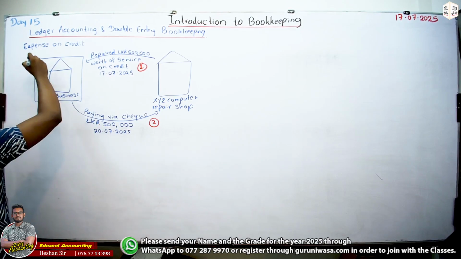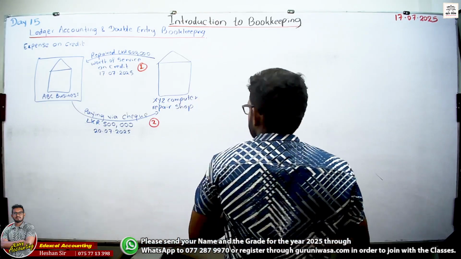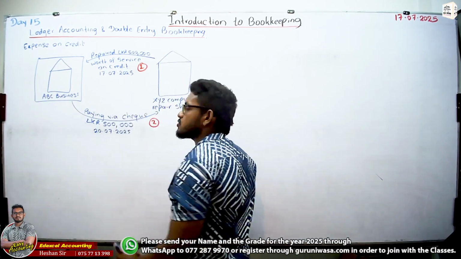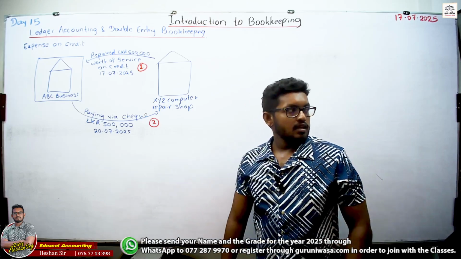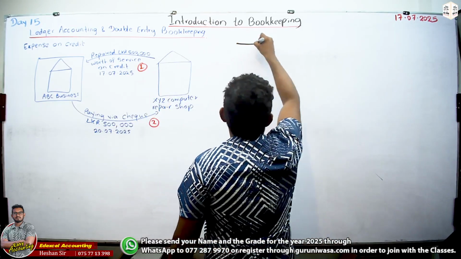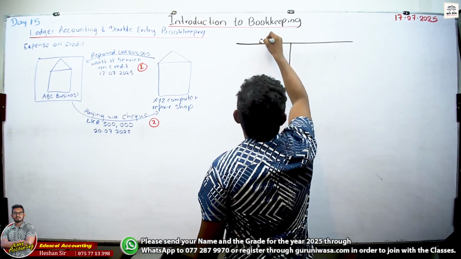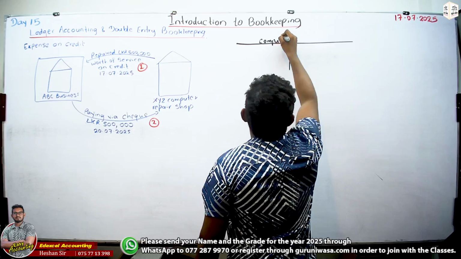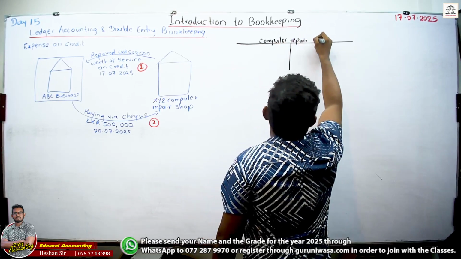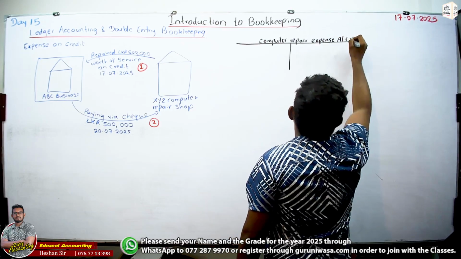When we take the accounts of this business, right? So the business repaired the, now repair is an expense to this business. Understand? This business obtained the repair service. So he opened an expense account called computer repair expense account, right?